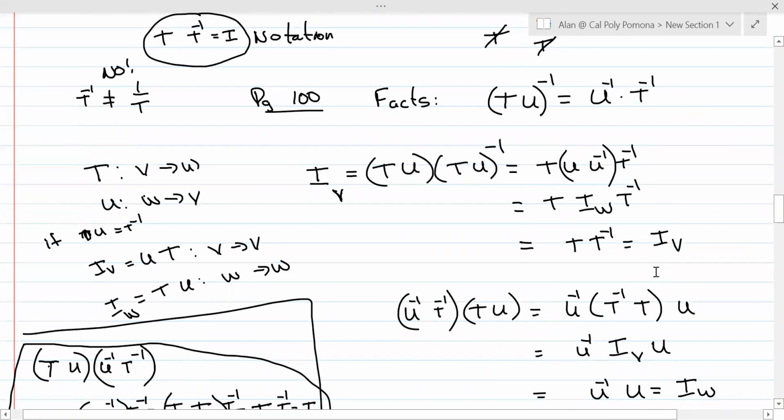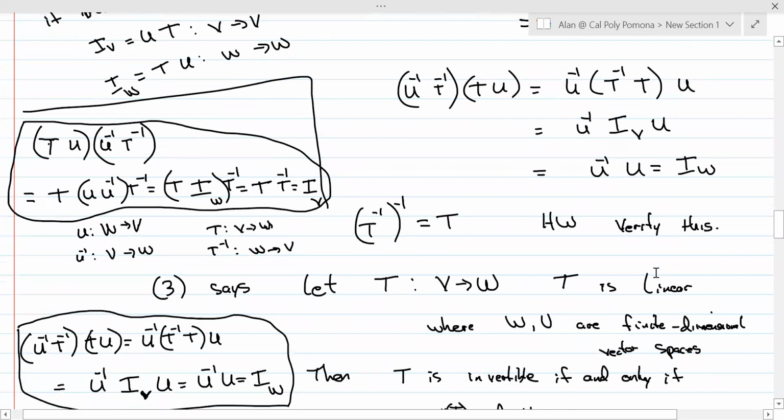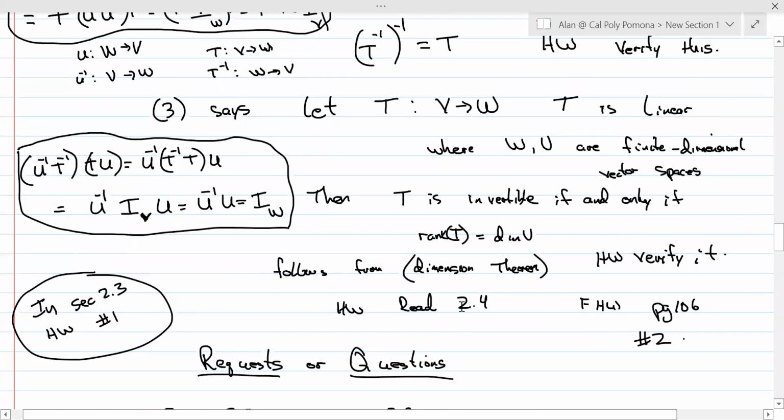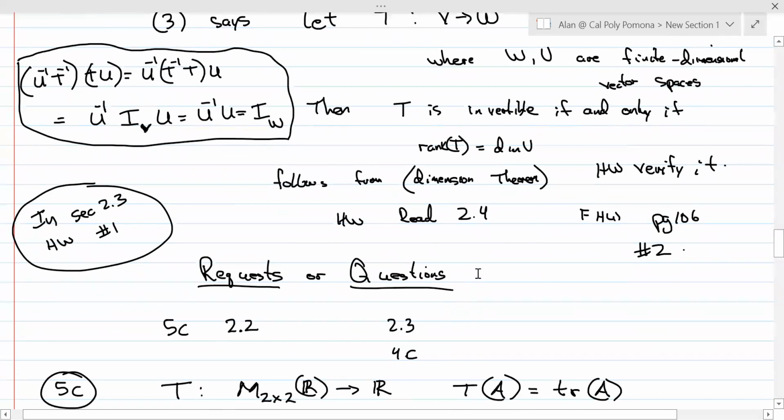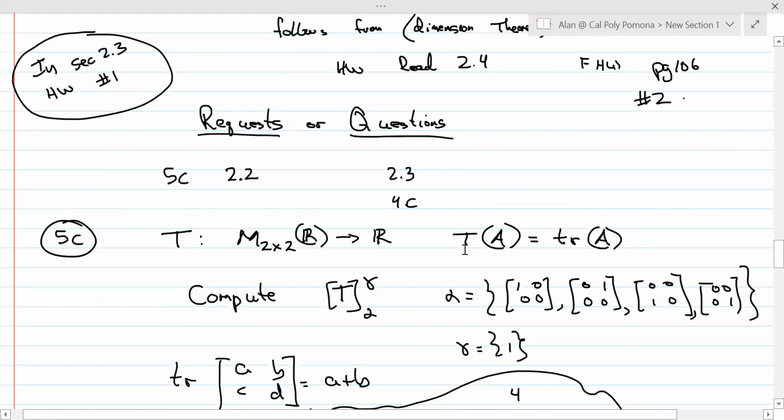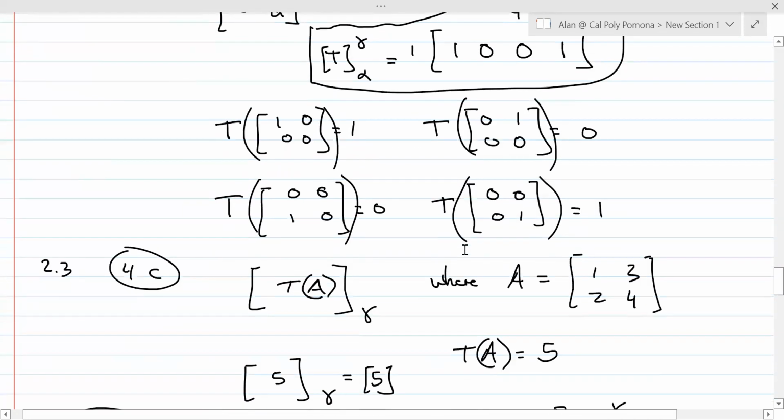And that's what we did here. I left a couple of these other facts for you to do, and gave you some homework, mostly reading in section 2.4. And then maybe did a problem or two.